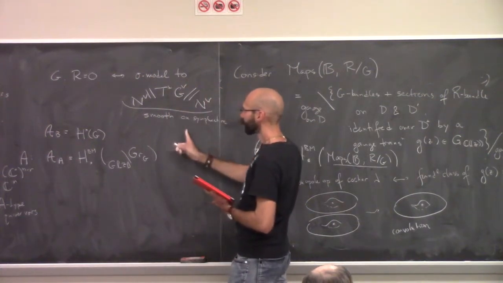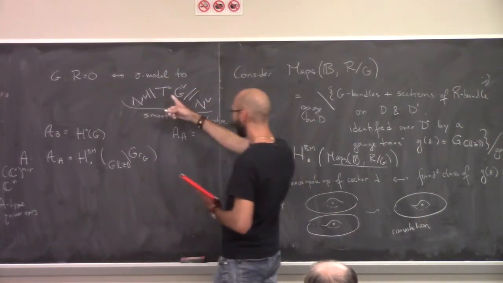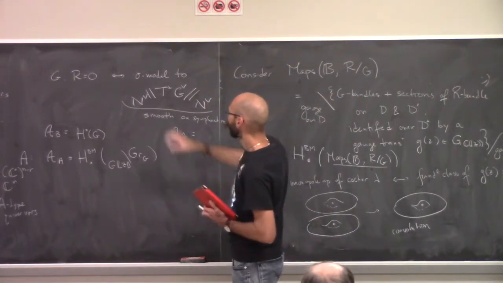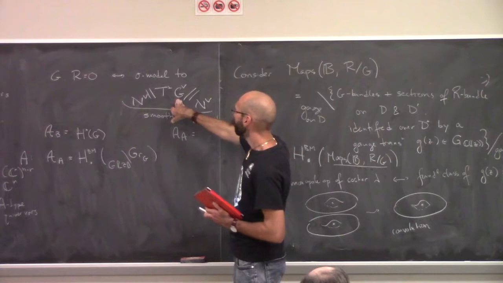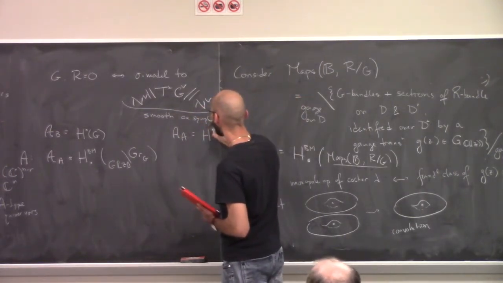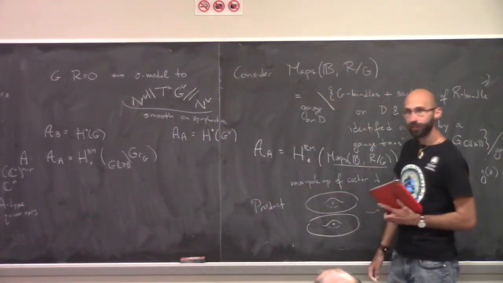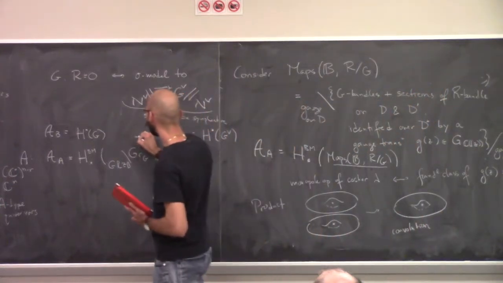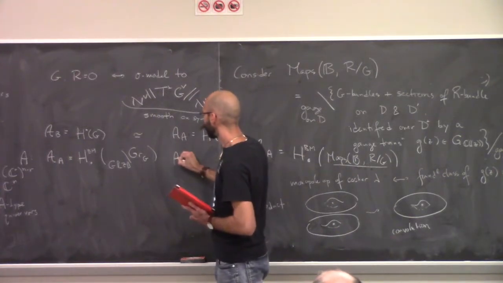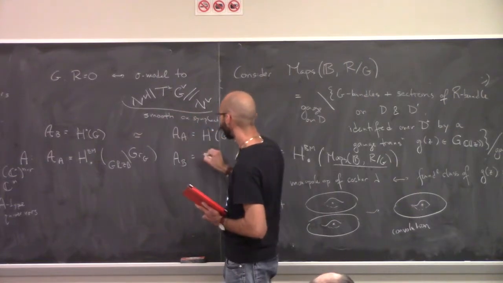On the sigma model side, let's do the A algebra first. The A algebra is cohomology of the space itself. In this case, everything contracts back to G dual. And so we find the cohomology of G dual. And these thankfully match. And the B algebra is functions on the space itself.